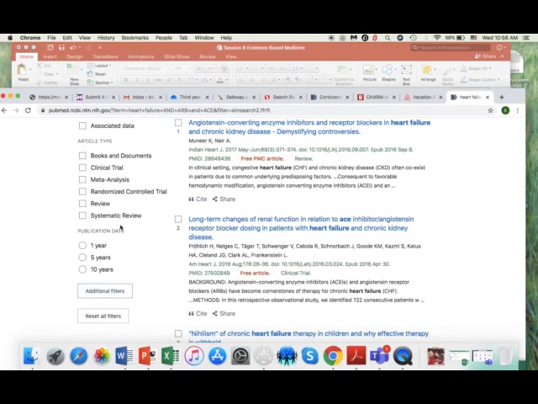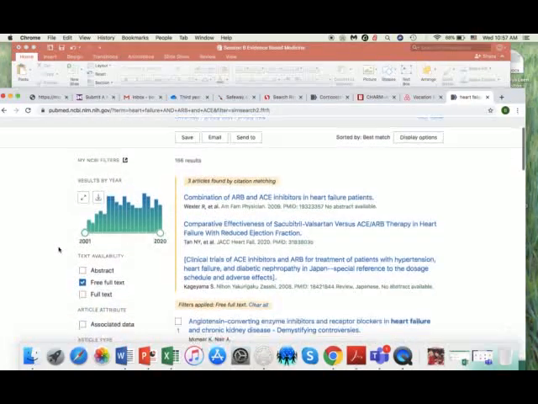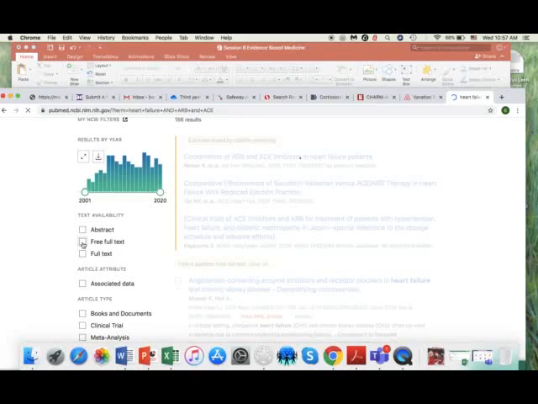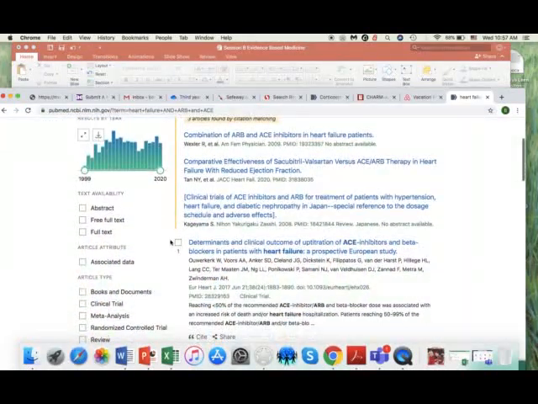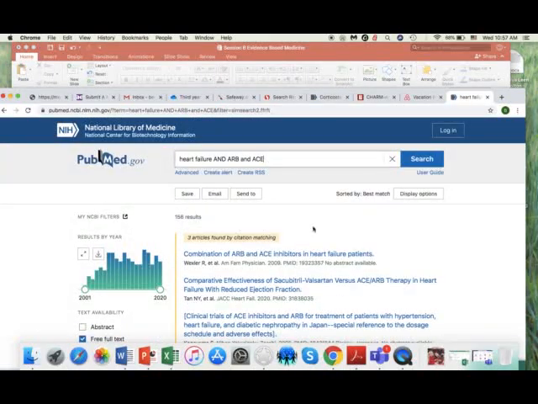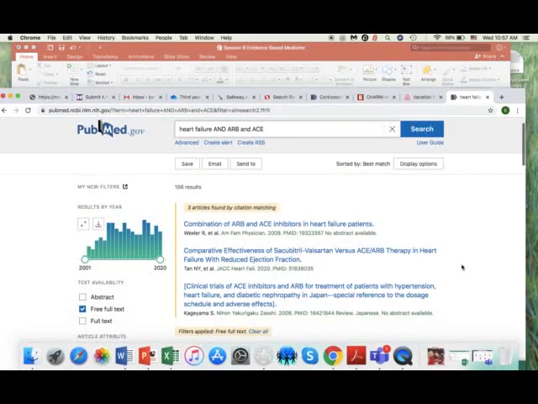Here they have different filters. So we don't have to click on this. I like to click on this sometimes if I really want to read the article. Free full text. If we click off that, we'll get a lot more articles. Right now we have 438 articles. But if you select free full text, that means you can actually read the entire article without paying. Otherwise, you would just be able to read the abstract.